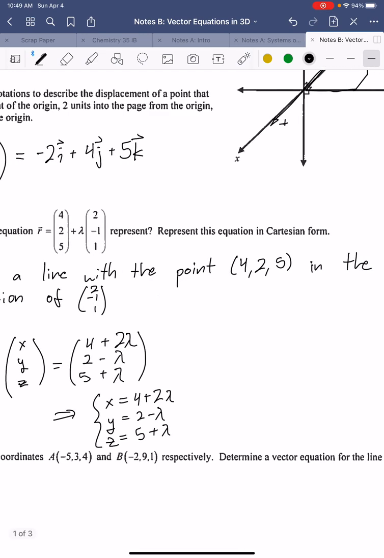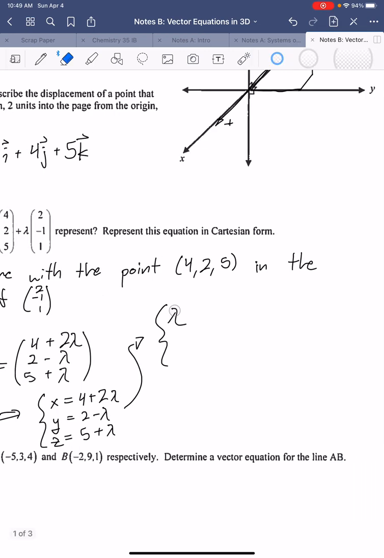So if we want to convert this into Cartesian form, we're going to solve for lambda on each thing. So lambda on the top is equal to x minus 4 over 2. Lambda in the middle is equal to 2 minus y.